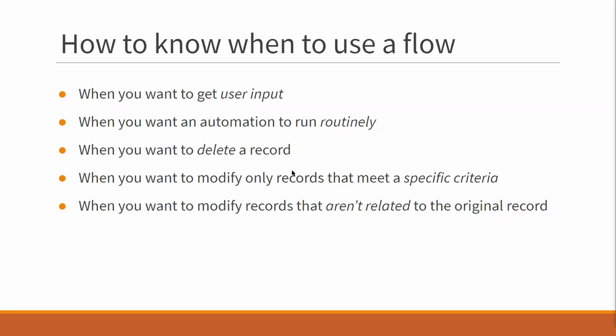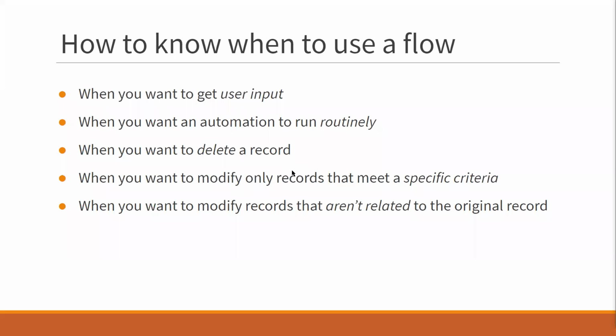Well, what if we only want it to happen in certain times, certain criteria? What if we want to say, when this case is changed, go look for something else and update it then? So if you're really wanting to specify that criteria, you're going to want to use a flow as well.